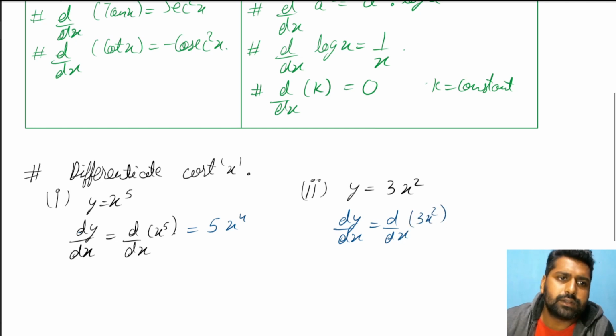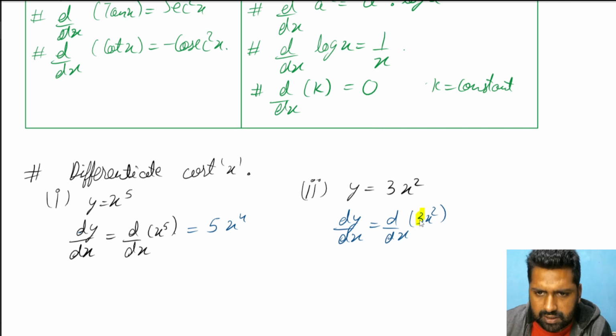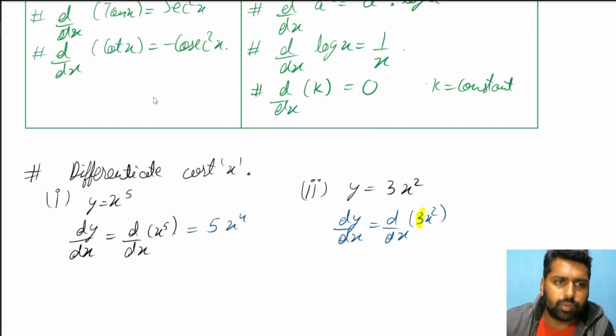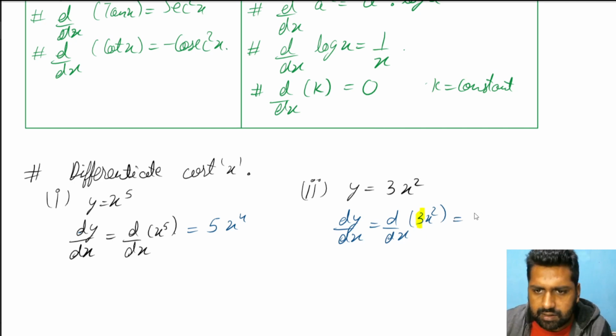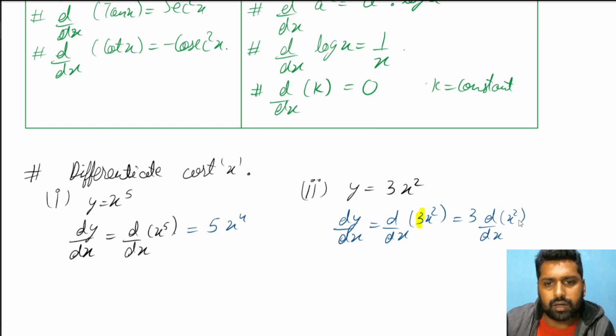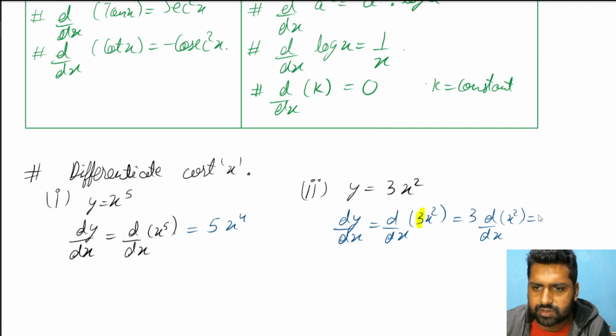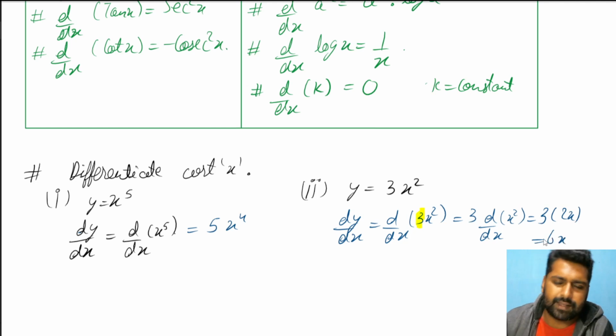Now point is, whenever you have a constant in multiplication, you leave it, you don't do anything with it, means basically we take it outside the differentiation. Dy by dx of x square means only the variable part or the x part will be differentiated, rest constant will be kept as it is. So this will become 3, 2 will come down and power becomes 1 less, so 3 into 2x, 6x.